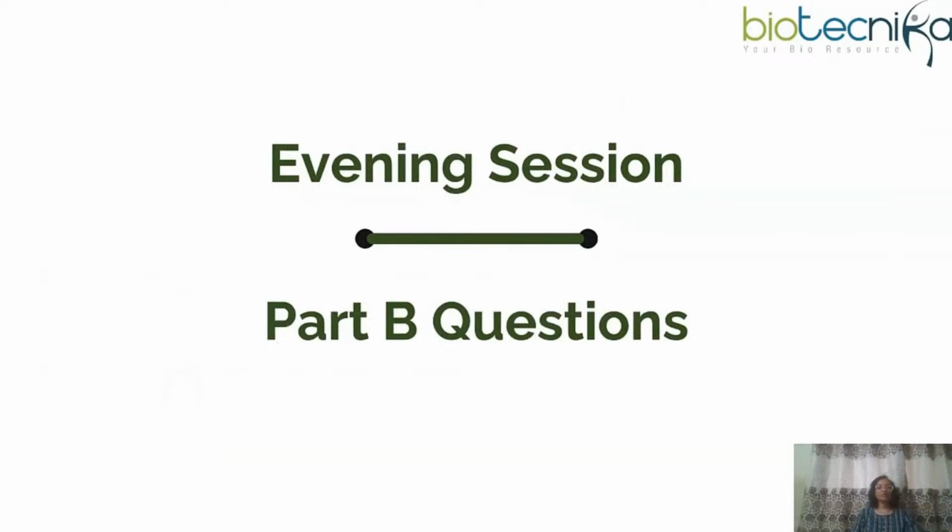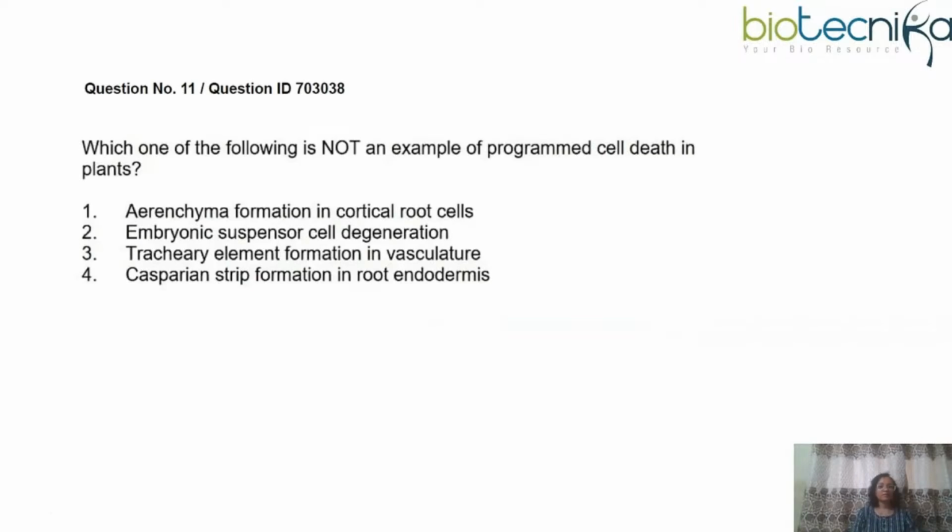Yes. So now we are going to the evening session questions. First, let us look at the part B questions. Which one of the following is not an example of programmed cell death in plants? First, parenchyma formation in cortical root cells. There is death of cells.